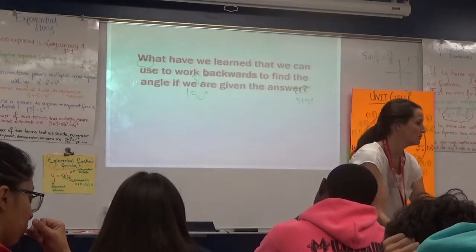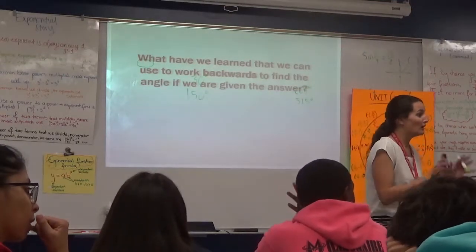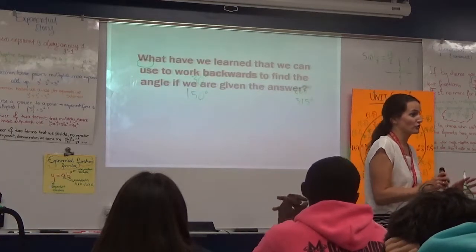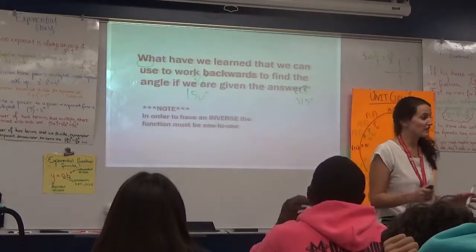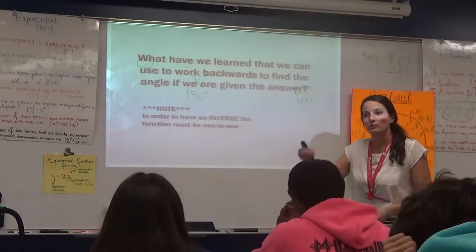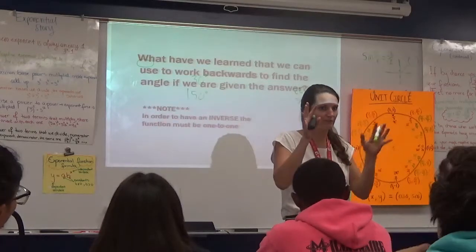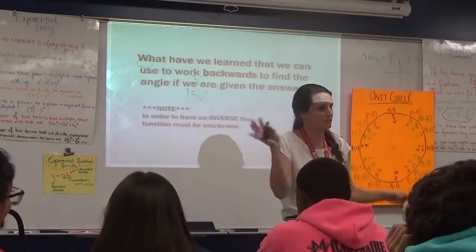However, big news. Stick with me. Remember with the inverse, functions that have an inverse have to be 1-to-1, which means every y gives you 1 x, every x gives you 1 y, right? Remember all that vertical line test, horizontal line test, all that good stuff?